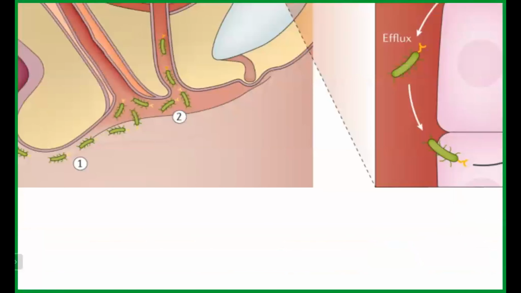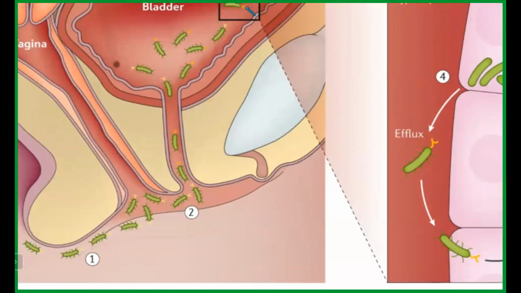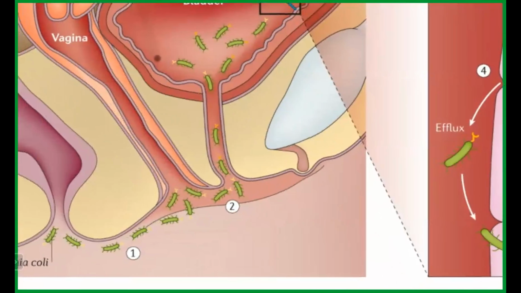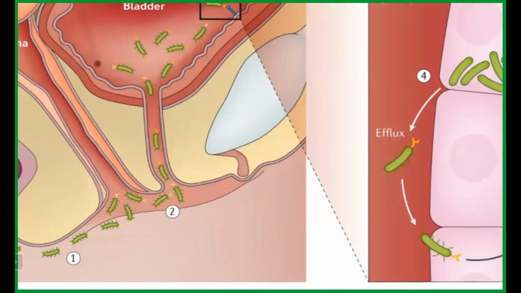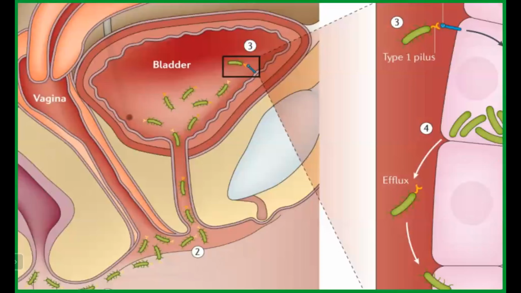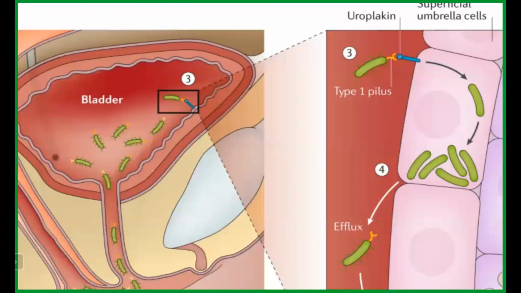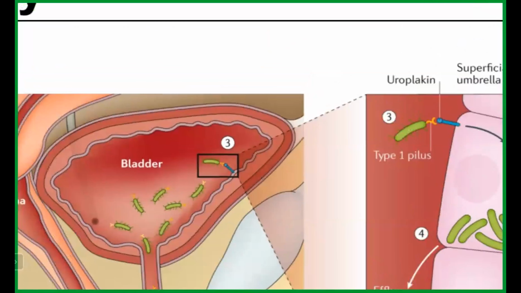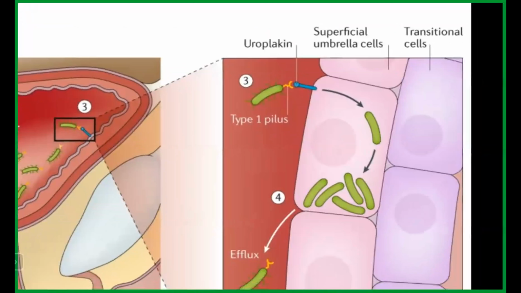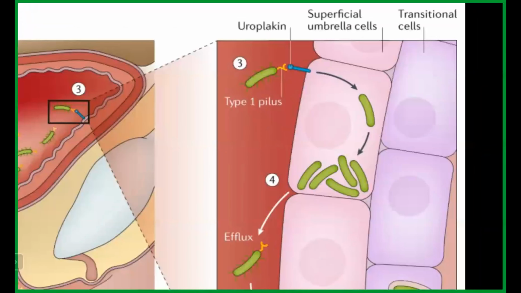The first move is to the vaginal tract and at the same time to the ureter. And here is the ascension of the bacteria. The bacteria come and colonize the bladder. And after, there is the chemical mechanism between the bacteria and the receptor of the mucus of the wall of the bladder. Then the bacteria go inside and start the activity.